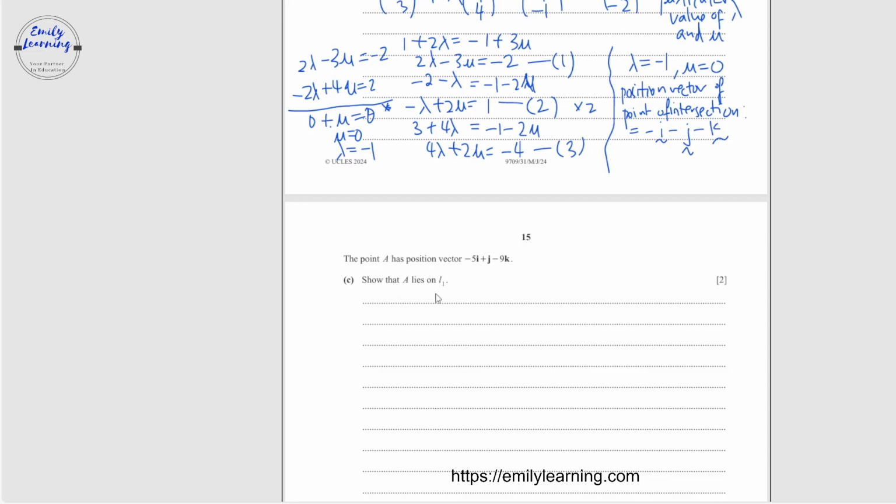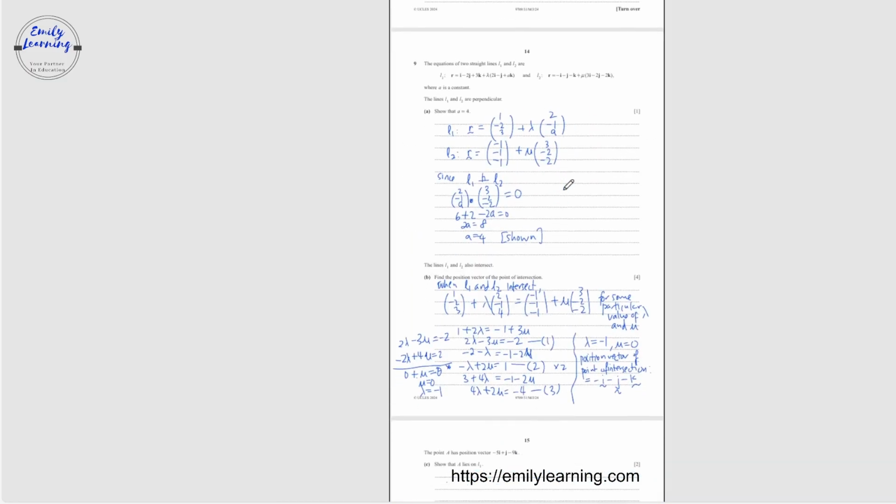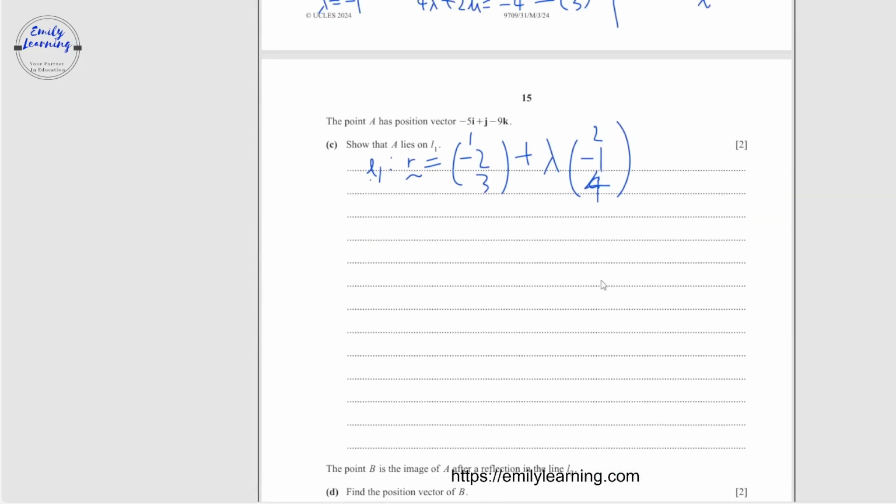So let me first copy out the equation of L1, which is r equals (1, -2, 3) plus lambda (2, -1, 4).